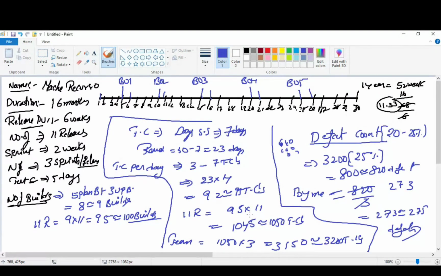Yes, Reshma, correct. Yes, Surabhi, you can.